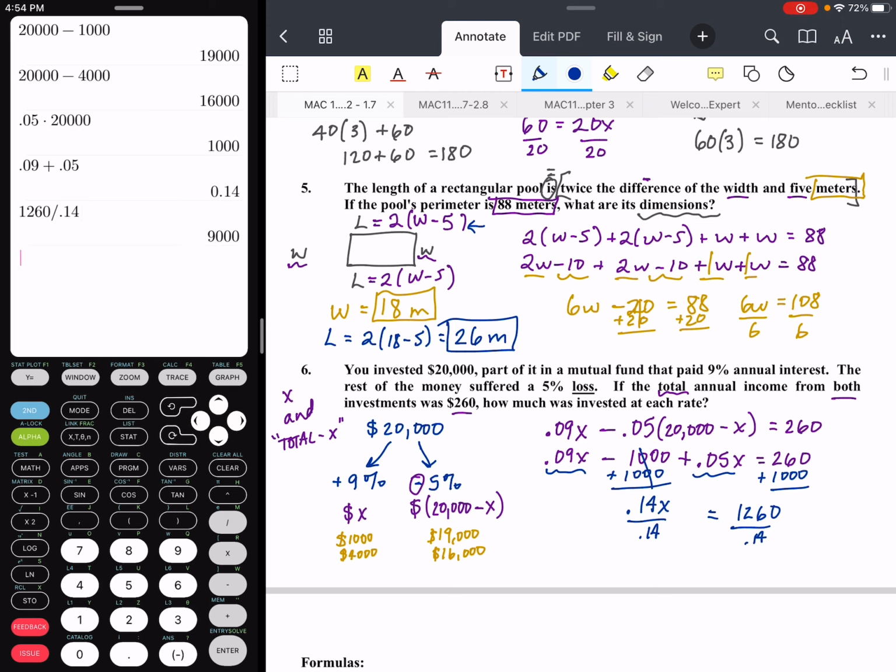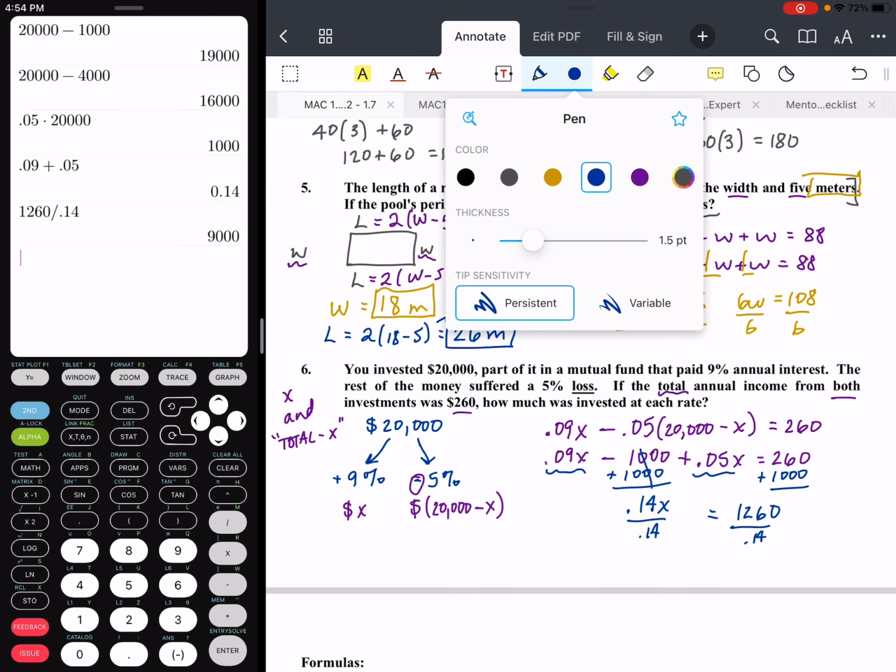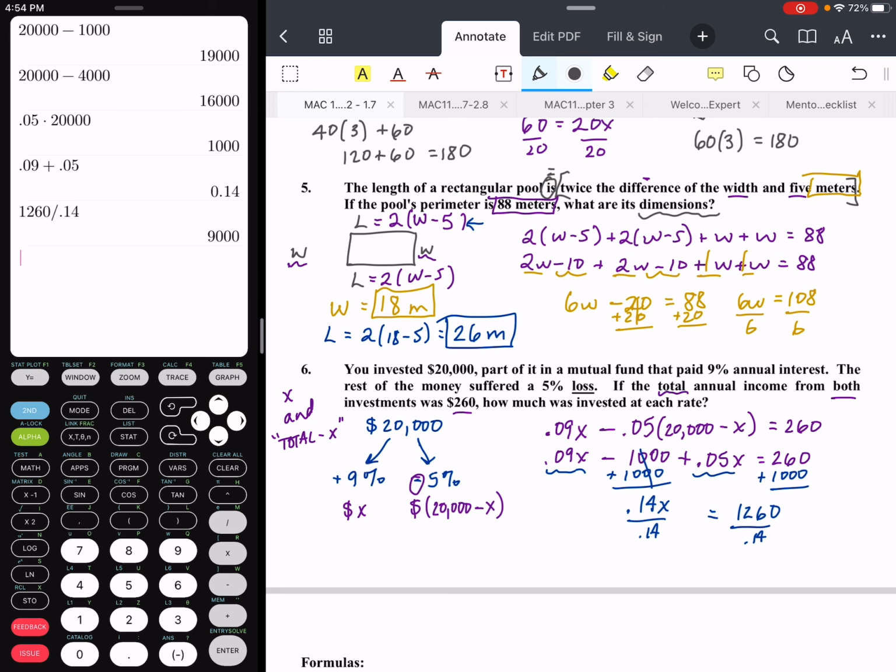So I got 9,000. Notice that the way that I wrote my original problem, this will help me know where the 9,000 goes. Is it in the 9% gain account or is it in the 5% loss account? So when I just solved and got my solution of 9,000, I was solving for x. So I know that x equals 9,000.